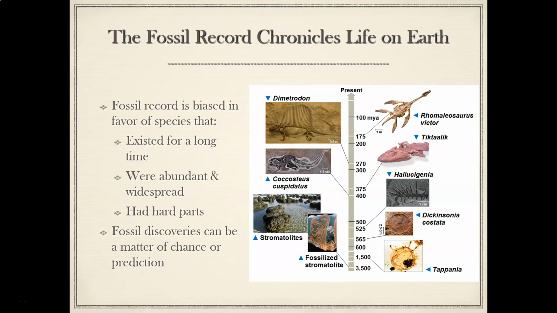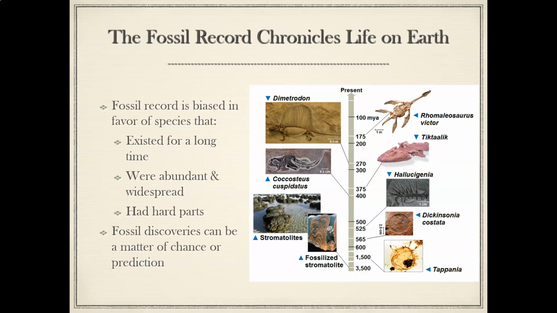Third piece to this is that it's also going to bias organisms who have hard parts. Think about what most fossils are. They're bone. You're not getting fossils that contain fleshy parts.